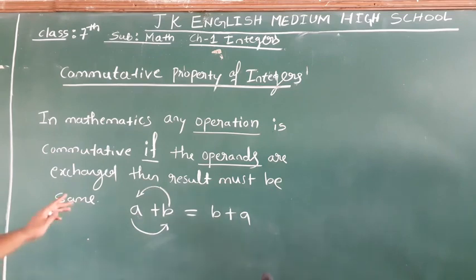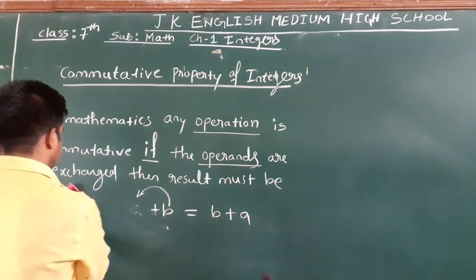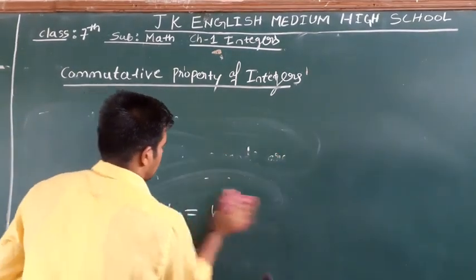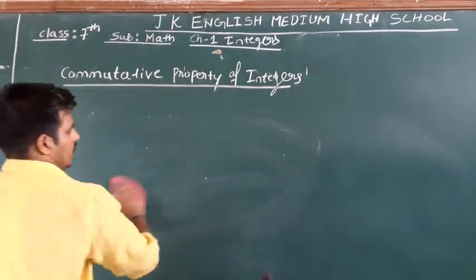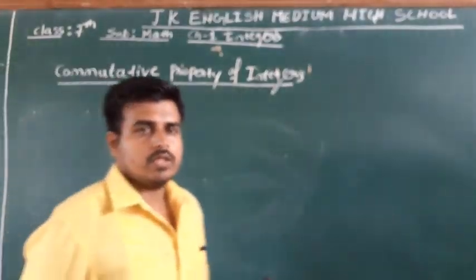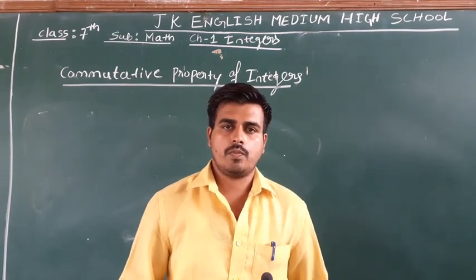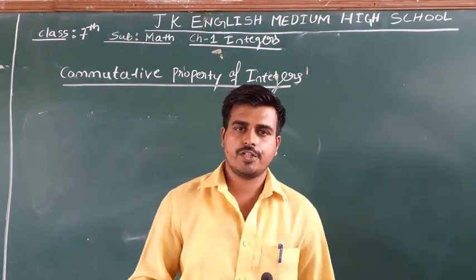Now in commutative property, depending upon the operation, the result will change. Today I will not go into too much depth because yesterday I discussed these properties at length. Today in short I will try to finish this commutative property.